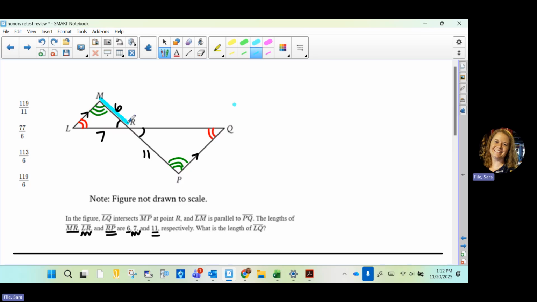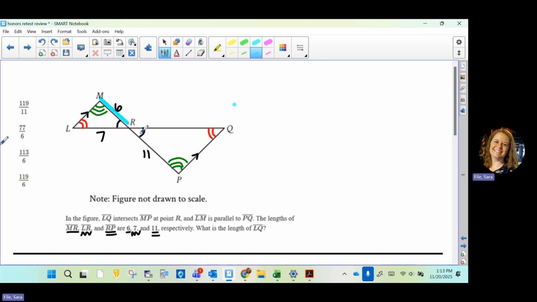So for instance, MR goes from the green to the black, or the 3 to the 1. If you're color coding in colors, look at the colors. If you're just doing numbers of arcs, look at the numbers of arcs. But M to R would correspond to P to R, wouldn't it? Because that's 3 to 1 in this triangle.